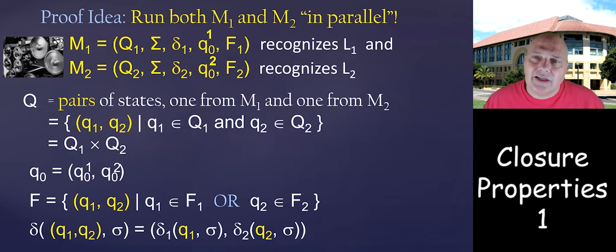And the transition function is exactly the one that allows us to say that we are running in parallel. So delta that gets the state Q1, Q2, and the symbol sigma will move to the state whose first component is delta 1 of Q1 and sigma, whatever M1 does when it is in Q1 and reads sigma. And the second component is delta 2 of Q2 and sigma.